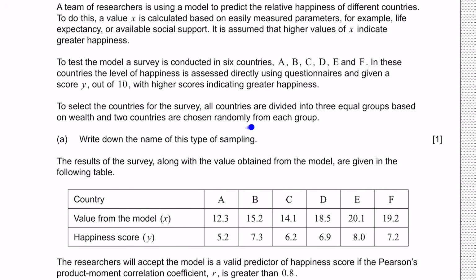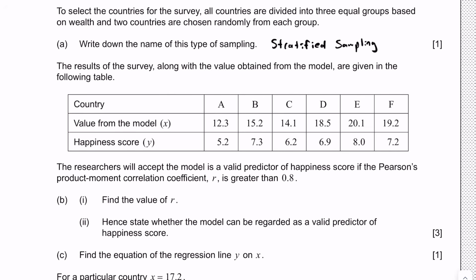If we were to use non-random sampling after we divide it up into groups, then we would be in the realm of quota. So in this case, we've divided it up into groups. It's either stratified or quota. Since we're doing random, we're doing stratified sampling overall. So this is stratified sampling, I guess we could say. All right.